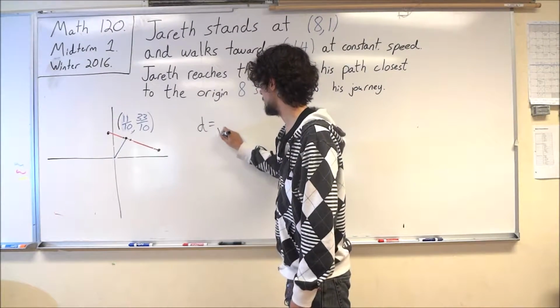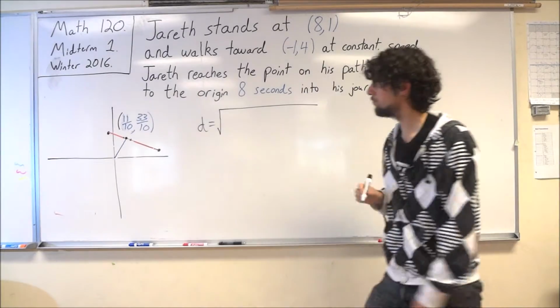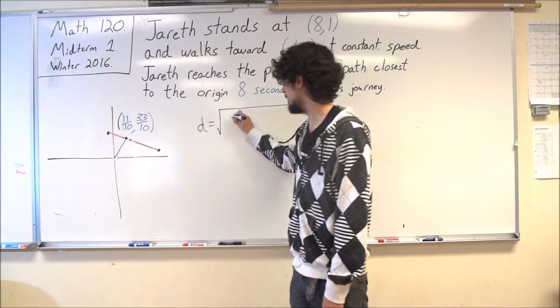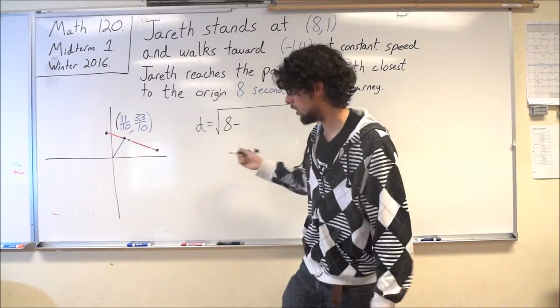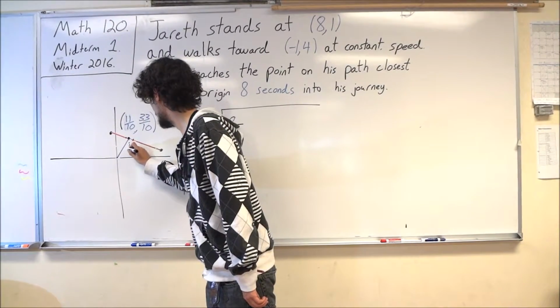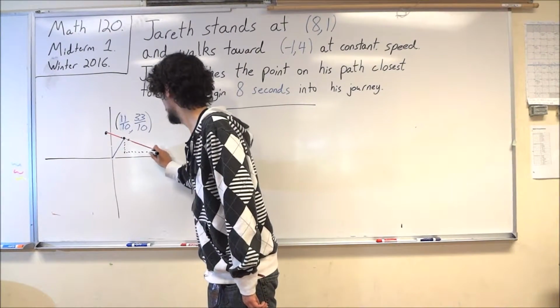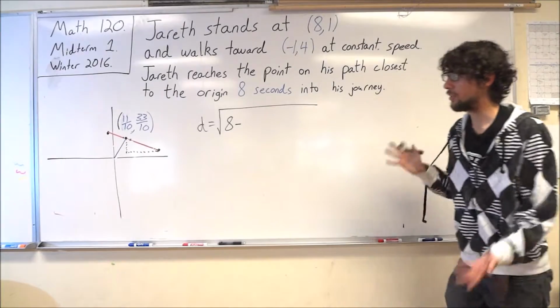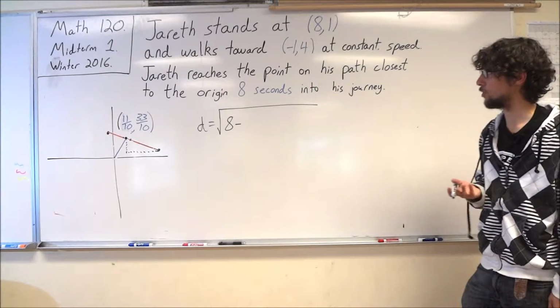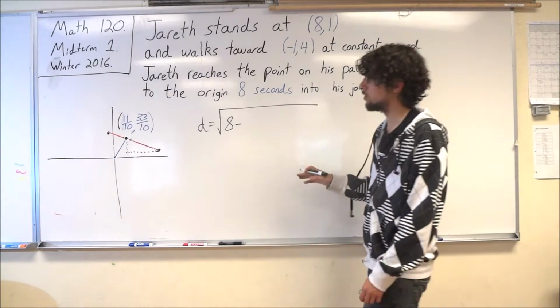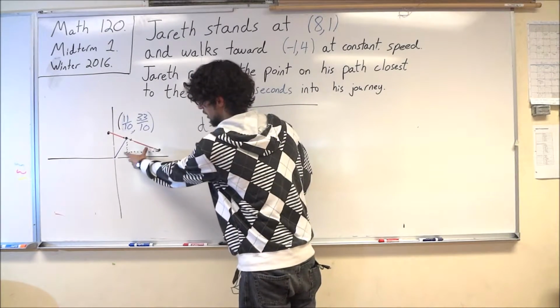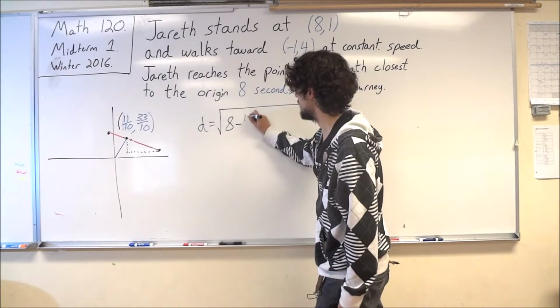I can think of as the square root of the difference in the x coordinates. I'm essentially using the Pythagorean theorem or the distance formula, however you prefer to think about it. The distance in the x coordinates from here to here is 8 minus 11/10.